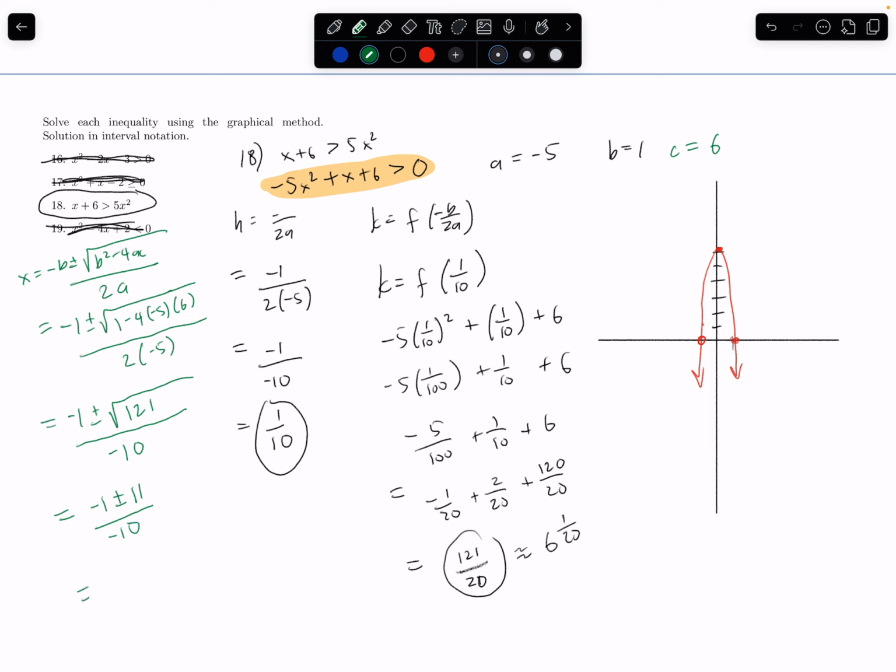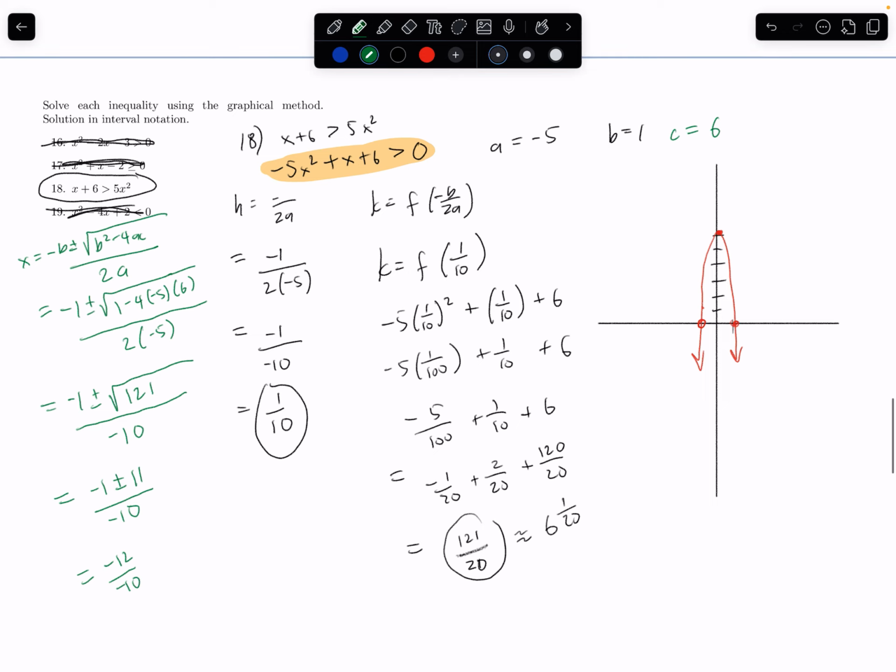If I do the negative side, negative 1 minus 11 is negative 12 over negative 10, which is 6 fifths. If I do negative 1 plus 11, that's positive 10 over negative 10, which is negative 1. So we got 6 fifths or negative 1.